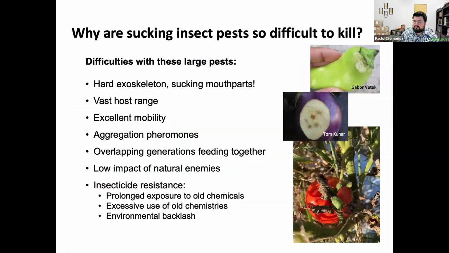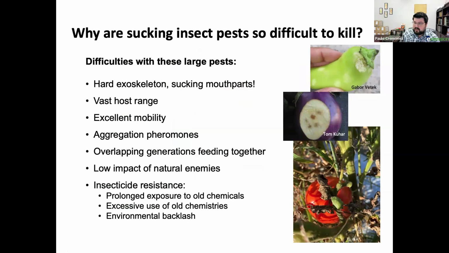And why are these so difficult to kill? So we're talking about the large sucking mouthpart pests, not the small ones like whiteflies, aphids and thrips, or spider mites. We're talking about the macro pests. They do have a hard exoskeleton, so they have that protective skin that will reduce penetration of chemicals or biologicals.